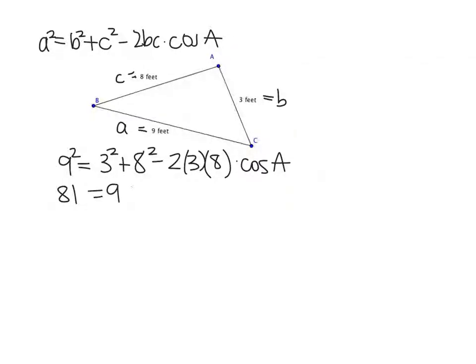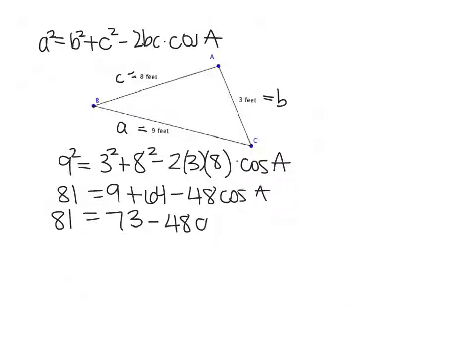81 equals 9 plus 64 minus 48 times the cosine of A. So we get 81 equals 73 minus 48 cosine of A. Subtract 73 from both sides.